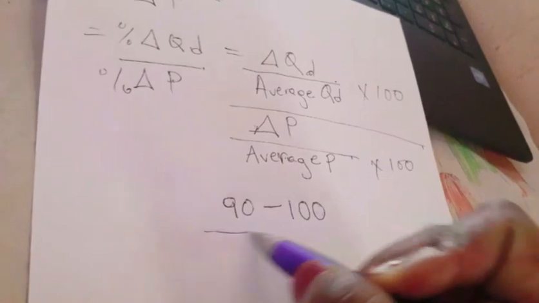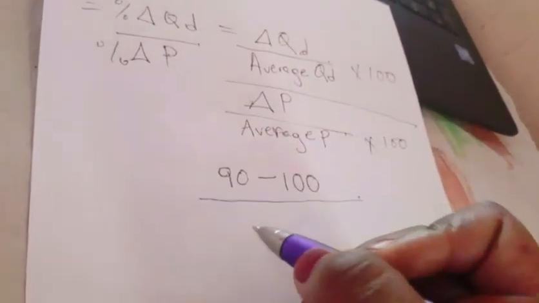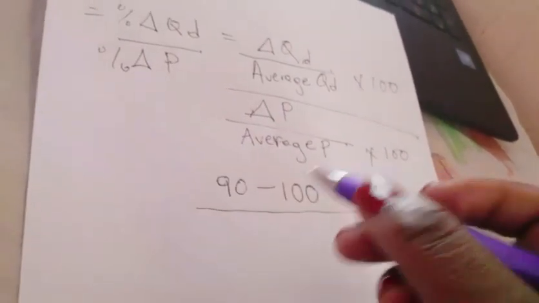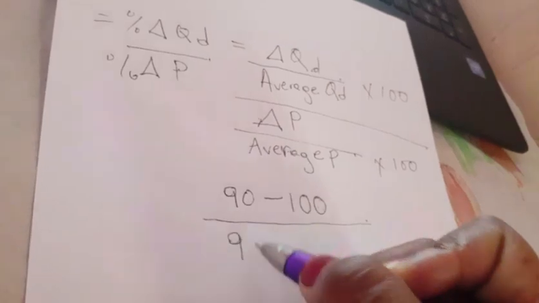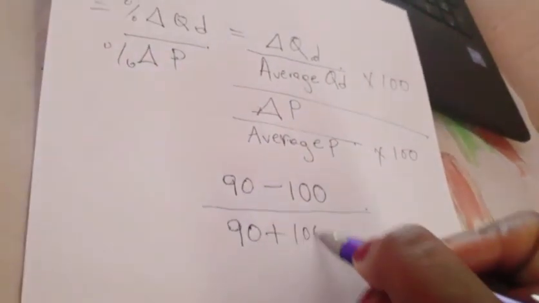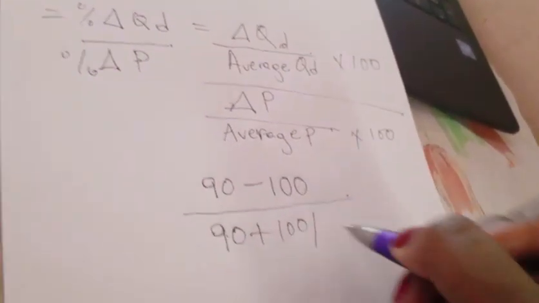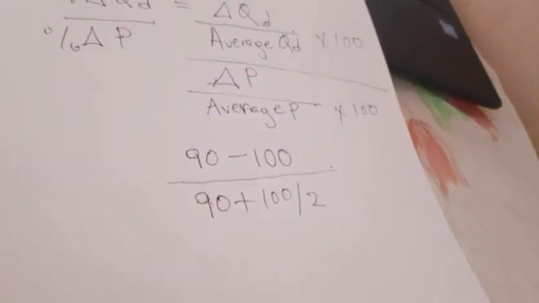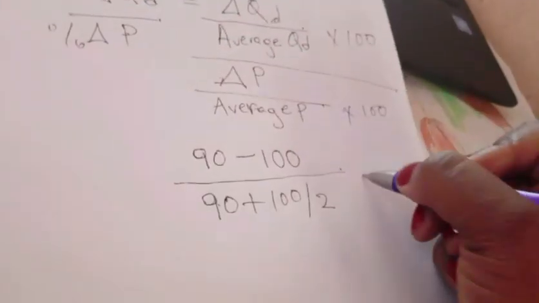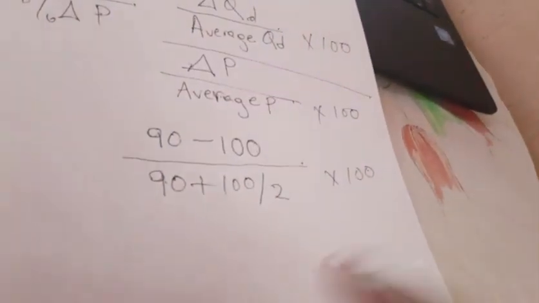Fine. Then we want our average quantity demanded. In order to get our average quantity demanded, this is 90 plus 100, and divide the answer here by 2. The average. All of this, when we times 100, that is going to give us the percentage change.